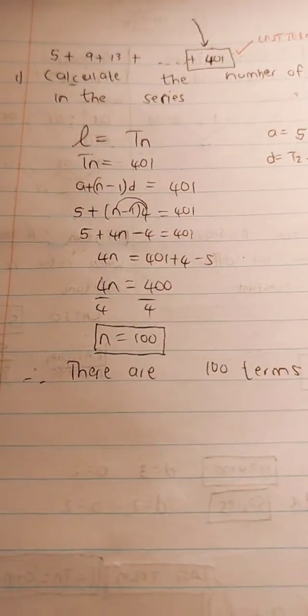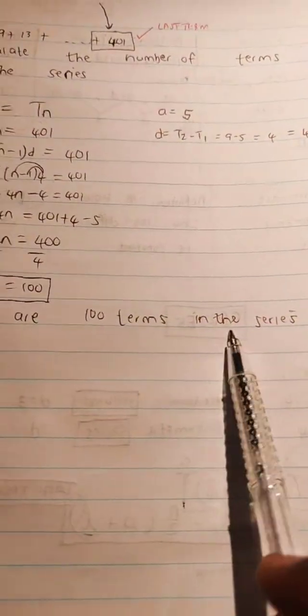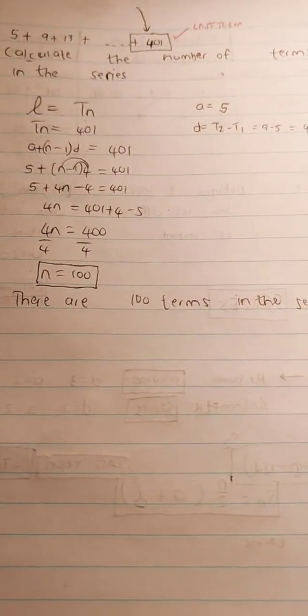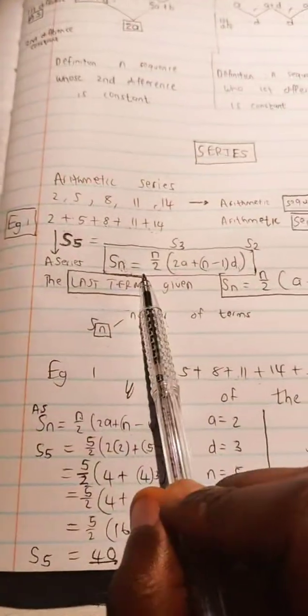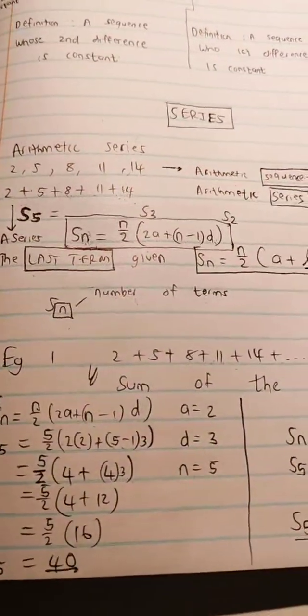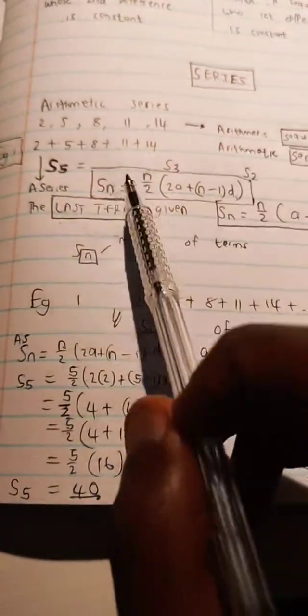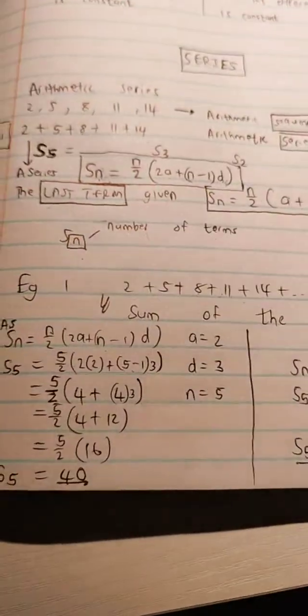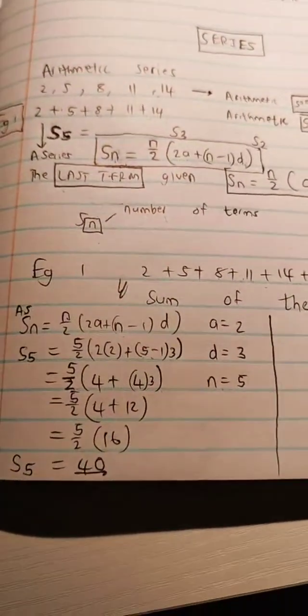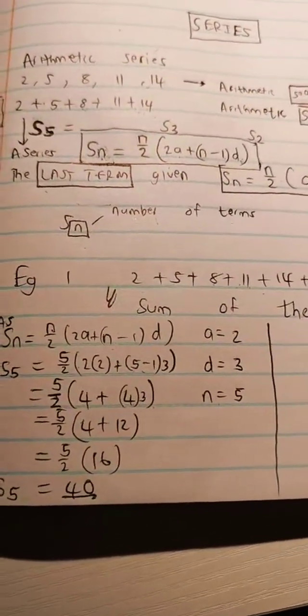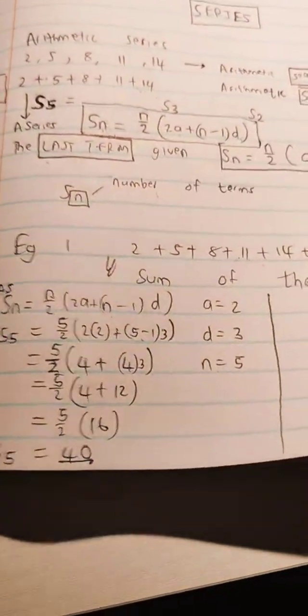And then subsequently, we can conclude how many terms there actually are in our series. Okay. Guys, this is very different from what we had just done here. Remember, here we were trying to find the sum of the series, whereas in this other question, we are not finding the sum of the series. We are finding how many terms actually exist in our given series.